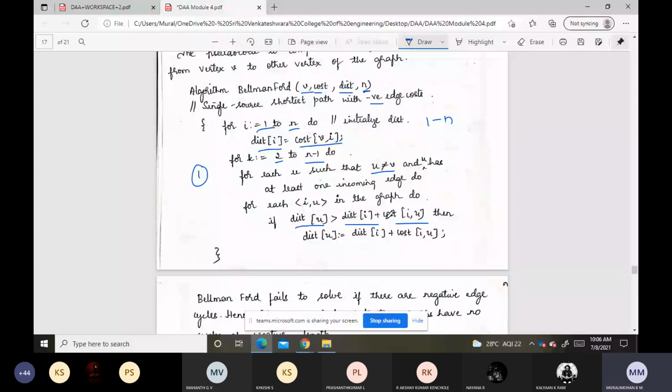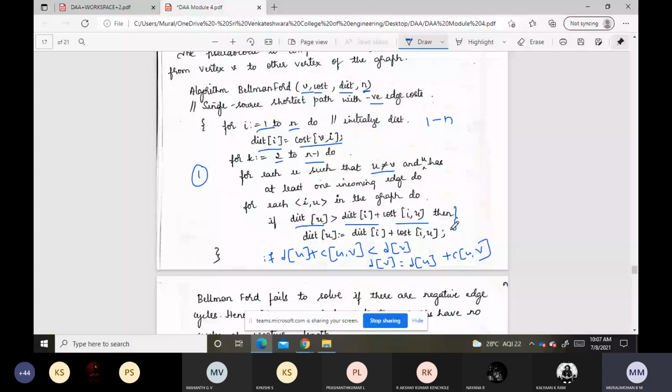Yesterday we wrote it like this: if distance of u plus cost of u comma v is less than distance of v, then distance of v is equal to distance of u plus cost of u comma v. I hope this is what we followed in the previous class. You just observe here, the same is here.